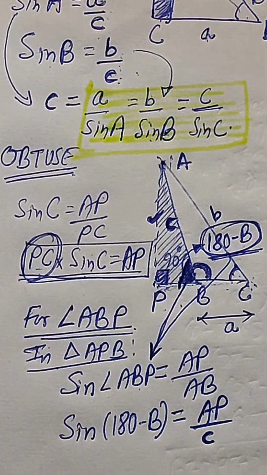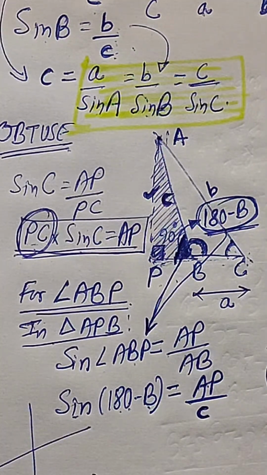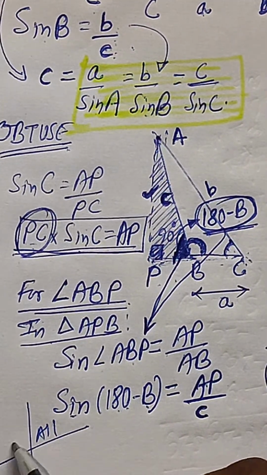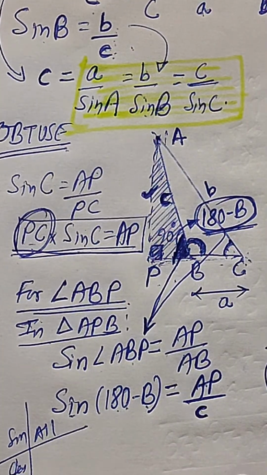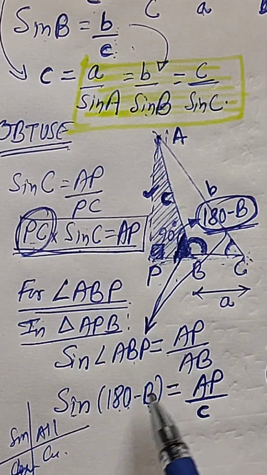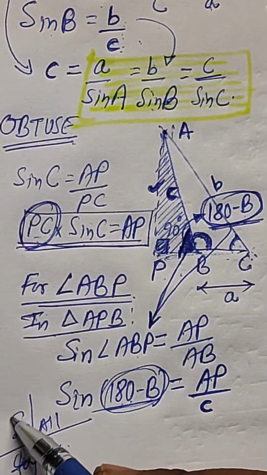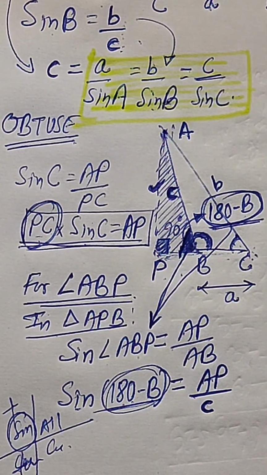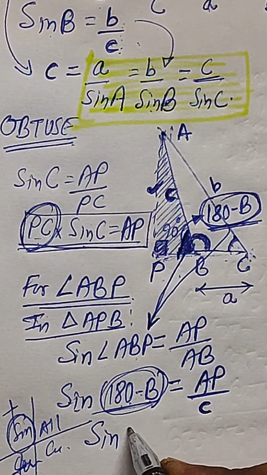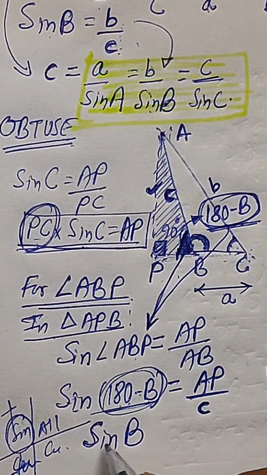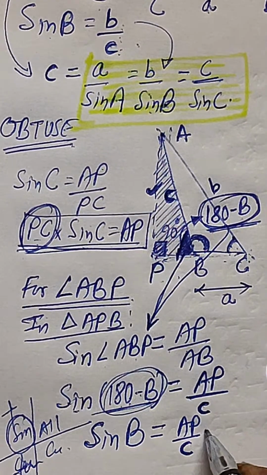From here, we can see sine of 180 minus theta. If you consider the quadrants, all, sine, tan, cos, all positive, sine positive, tan positive, cos positive. 180 minus B is the angle lying in the second quadrant, and here sine is positive, so this will give you sine of B is equal to AP by c.